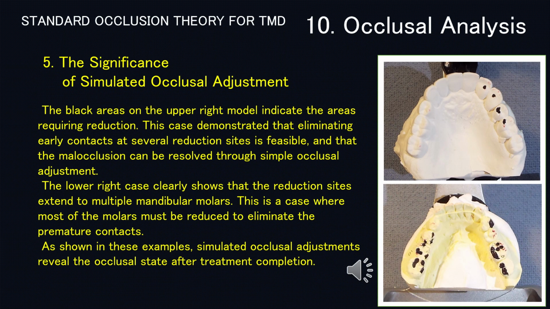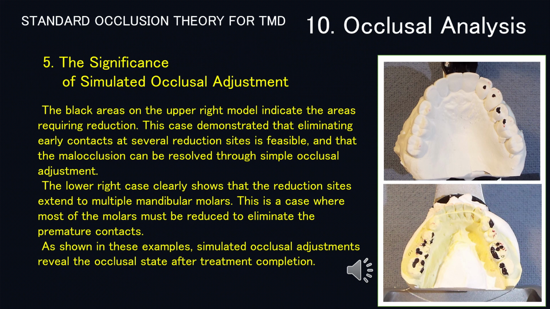5. The significance of simulated occlusal adjustment. The black areas on the upper right model indicate the areas requiring reduction. This case demonstrated that eliminating early contacts at several reduction sites is feasible, and that the malocclusion can be resolved through simple occlusal adjustment.